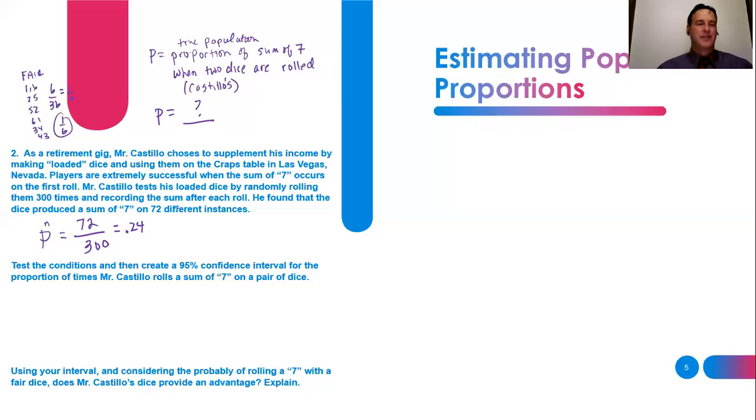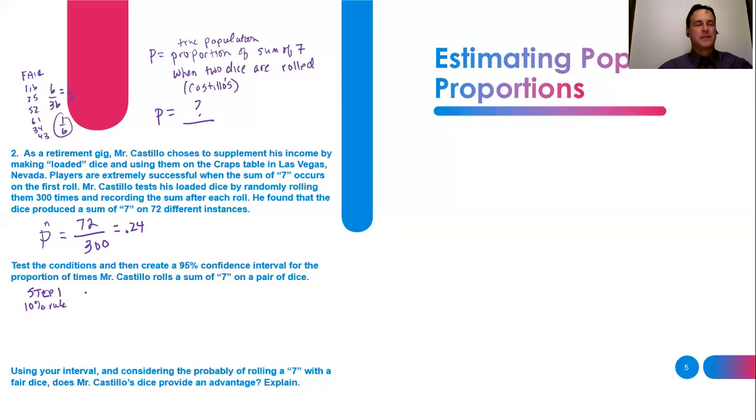So what are we going to do with this? It says test the conditions and then create a 95% confidence interval. So again, there are 3 steps to answering this question. Step 1 are the conditions, and the first one is the 10% rule.